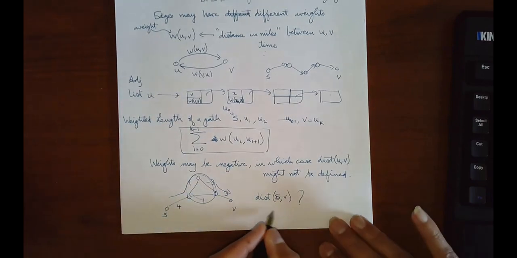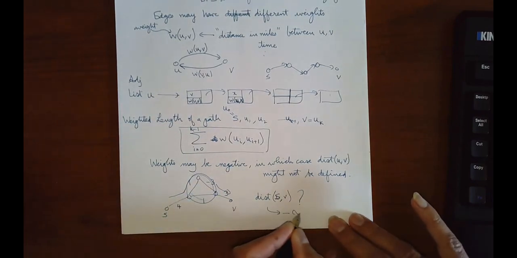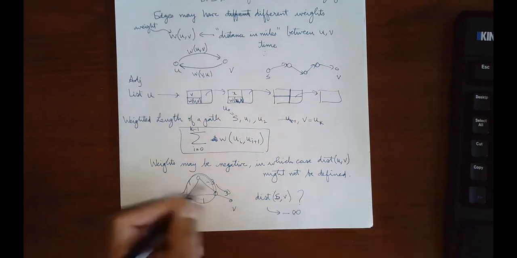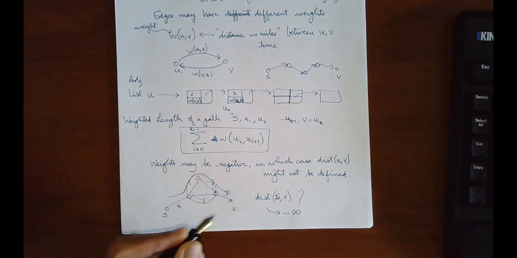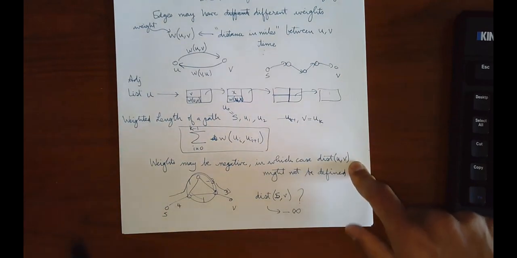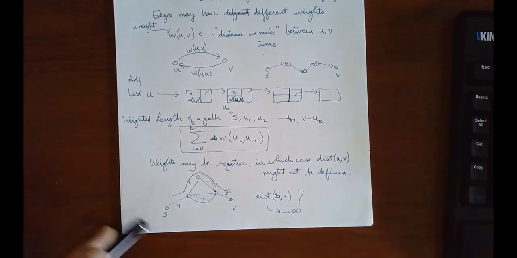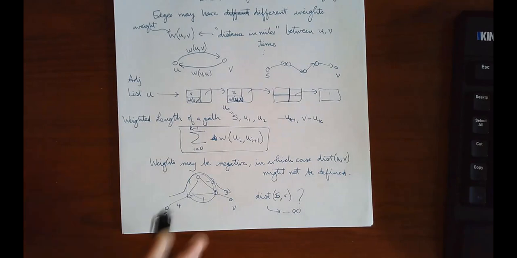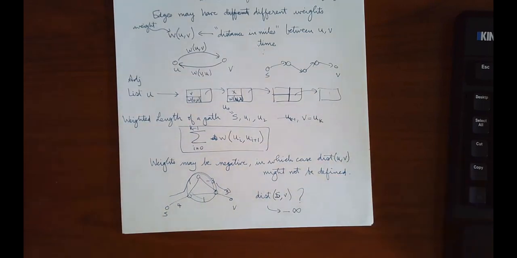So the distance seems to be something like -infinity, because the more times you go around the loop, the lower your distance becomes. This is a problem, because in some sense it means that this distance isn't really well defined unless you consider paths that don't intersect themselves. But in general, when there is this sort of situation, we say shortest path distances are not defined.